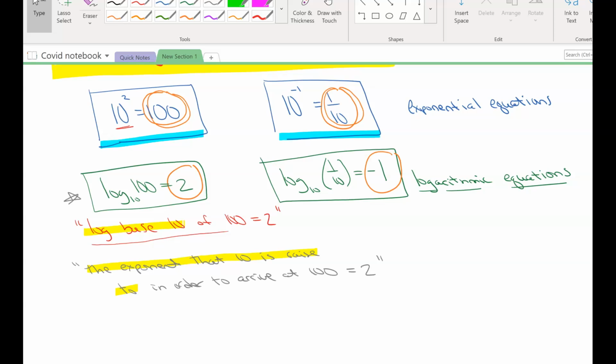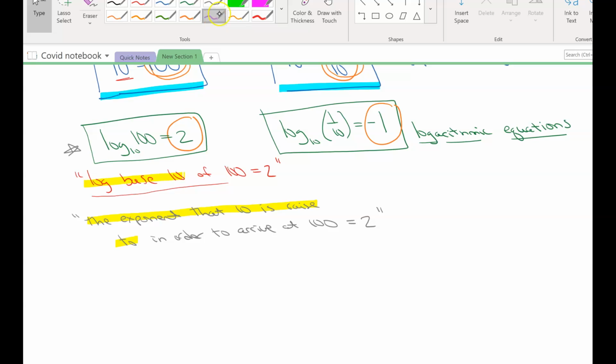The answer is, of course we will. But we will start with the most common, the most convenient base. And the most convenient, most common base is 10. It's so common that logarithms of base 10 are literally called common logarithms, okay?